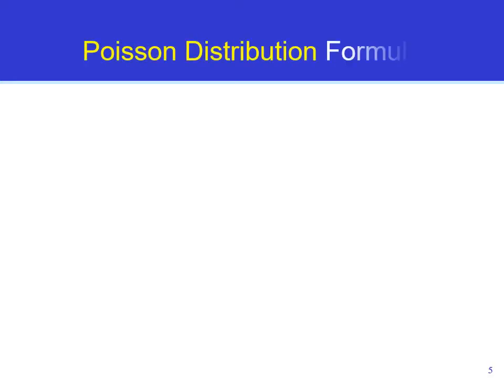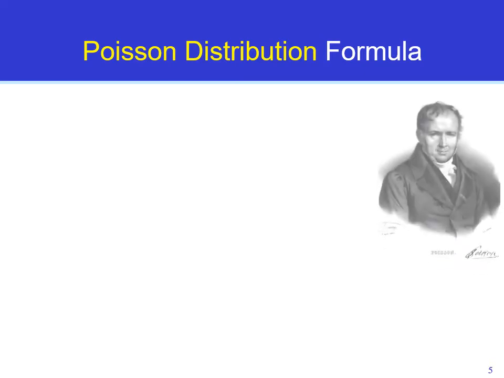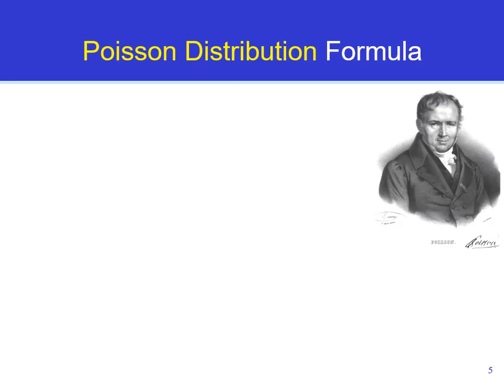Let's see the formula for the Poisson distribution. We already learned the formula for finding the probability of x successes for binomial distribution. Let's see the probability formula for Poisson distribution. This guy right here is Poisson. He was a French mathematician, and in his honor, because of his work, this distribution has been named after him.